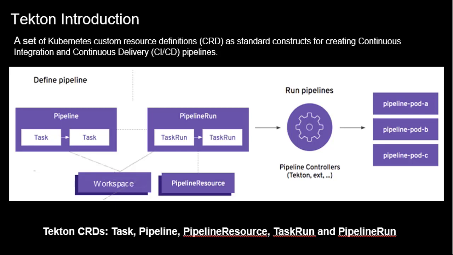Workspaces are parts of the file system that are made available to store data required by the tasks. Workspaces are backed by Kubernetes storage volumes, secrets, or config maps and can be shared across tasks as needed. A task run is a runtime representation of an execution of a task, and a pipeline run is the runtime representation of an execution of a pipeline.